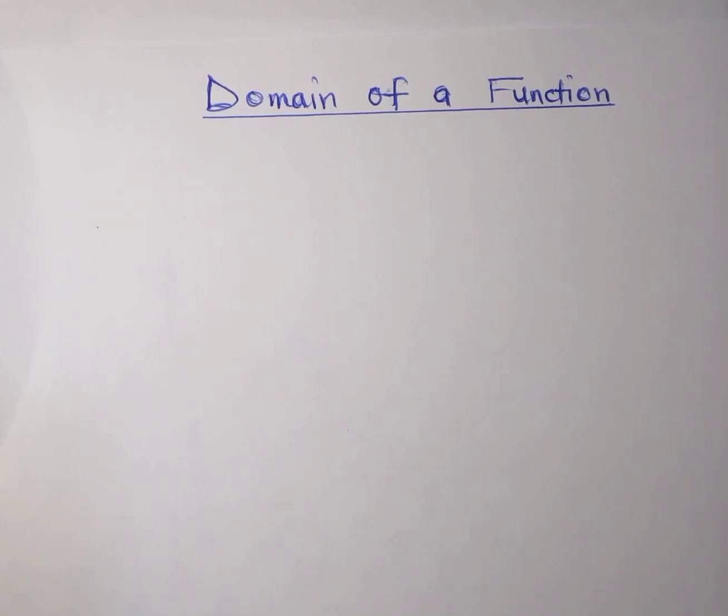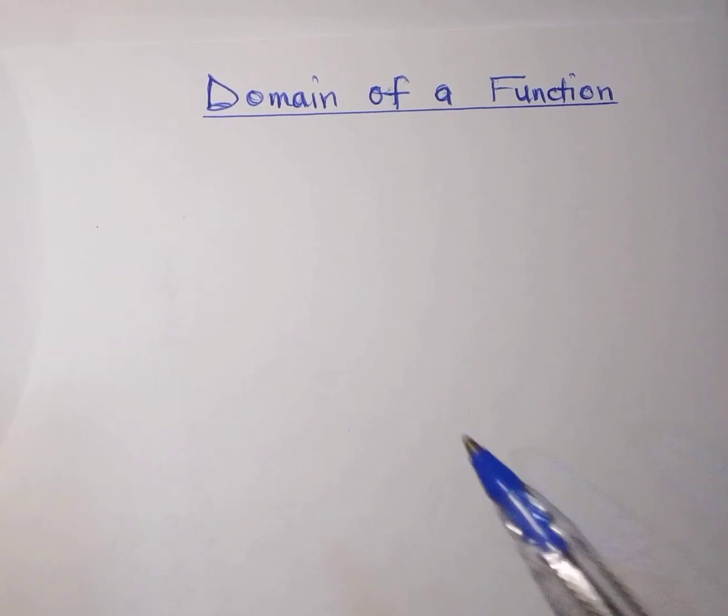We have polynomial functions, which can involve quadratic functions, cubic functions, quartic, quintic, and all that. We can also talk about rational functions, radical functions, exponential functions, log functions, and all that. So we are going to look at situations where you may be asked to find or state the domain of any of these functions.